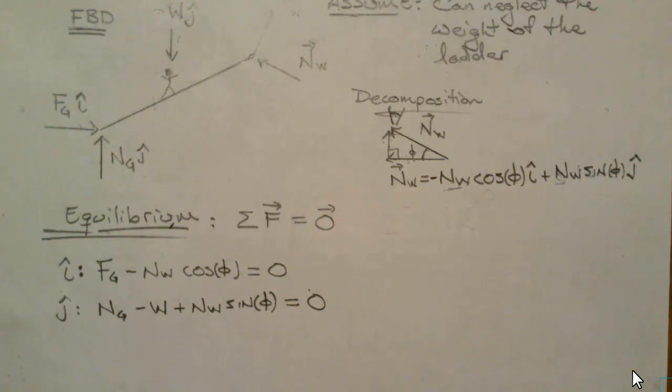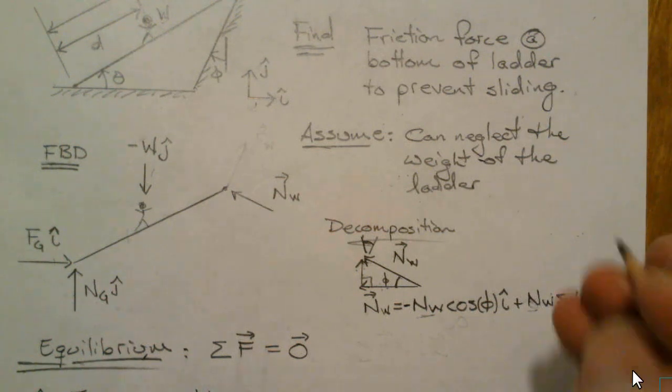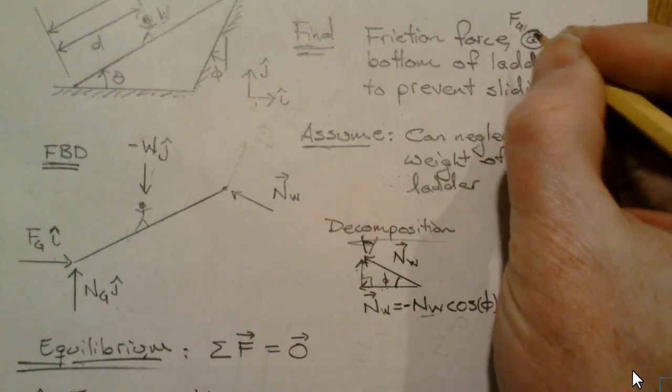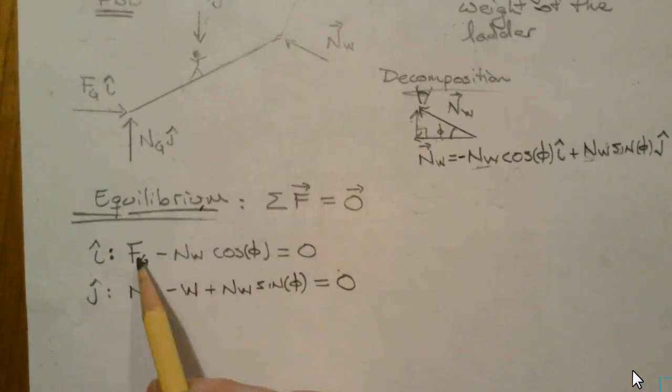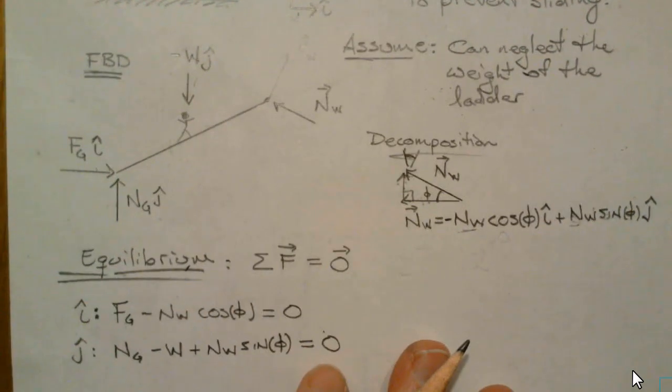So once we get the equations, in this case the equations of equilibrium, but in the near future it's going to be equations of motion, we've got to think about where we're going with this, right? What we want to do is find the friction force. This friction force, that's the Fg right there. Right, that's what we're looking for. We want to find Fg in terms of what?